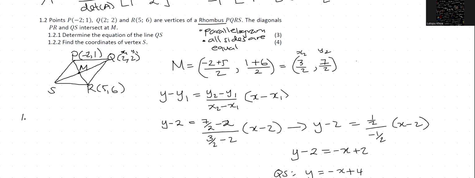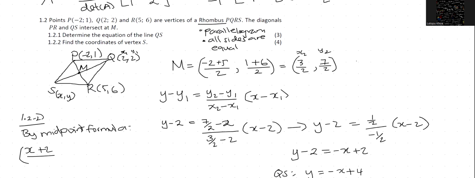We want the coordinates of S. So this point here we can call (x, y), and by the midpoint formula, we know that (x plus 2) over 2 and (y plus 2) over 2 should give us the coordinates of M. The coordinates of M we worked out over here: 3 over 2, 7 over 2.